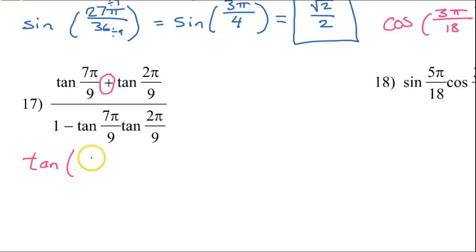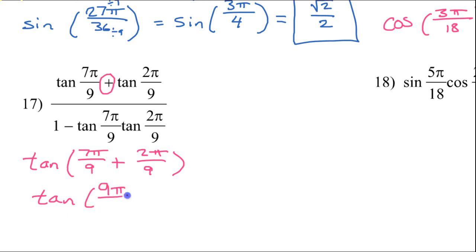So that means the tangent of 7 pi over 9 plus 2 pi over 9. And they were kind enough to give us like denominators already. So this is going to be the same thing as tangent of 9 pi over 9, which is the same thing as tangent of pi.